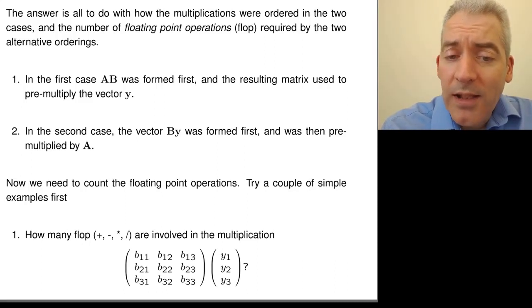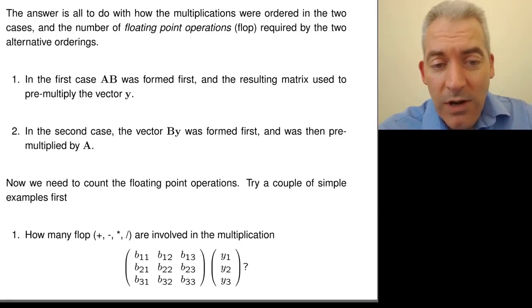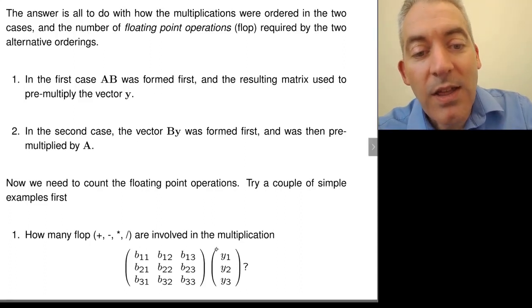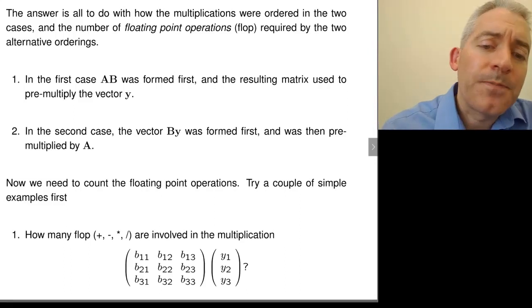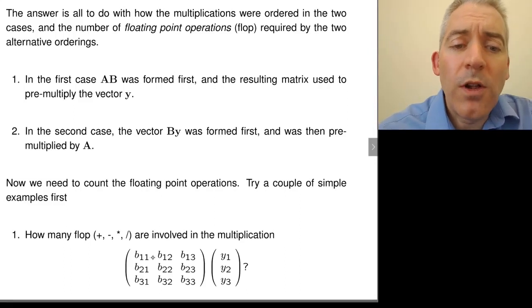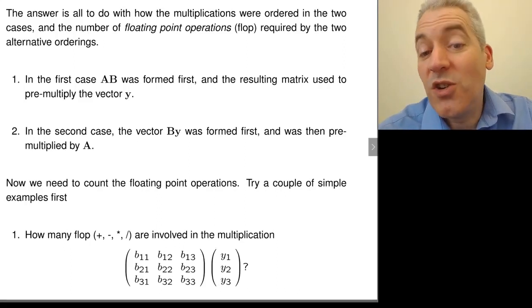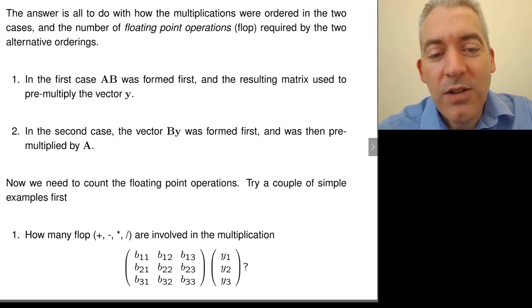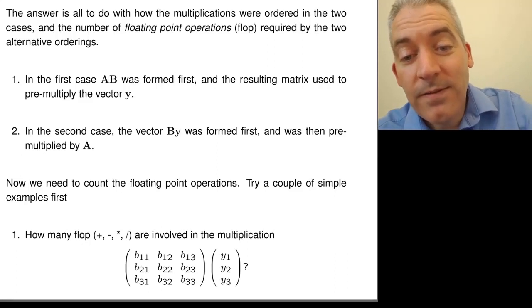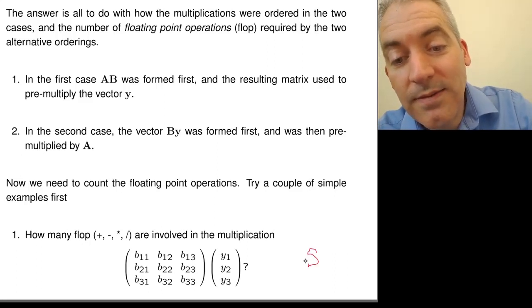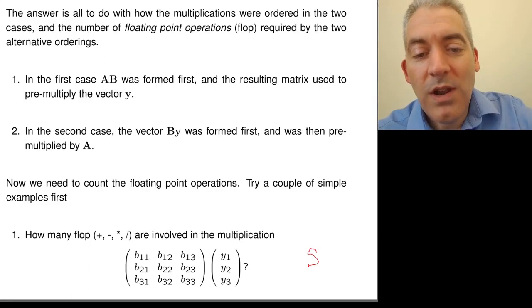If we think about each element of the output vector, walking along the rows and down the columns, it's going to involve 3 multiplications and 2 additions, and so that's going to be 5.